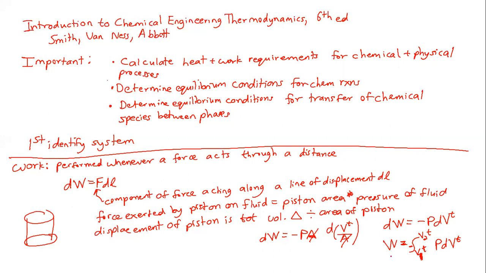And that's because volume changes for your gas are going to be more significant because gases are much more compressible than liquids. And so therefore, as you can see here, the changes in the volume are going to impact how much work you have to do.